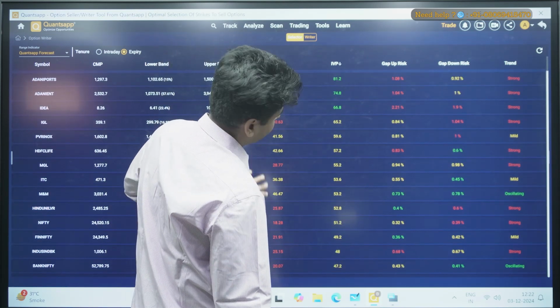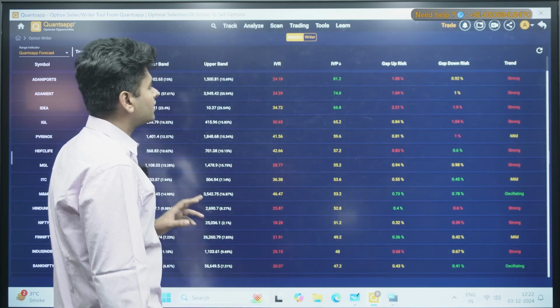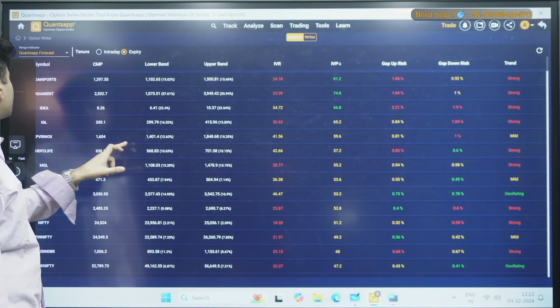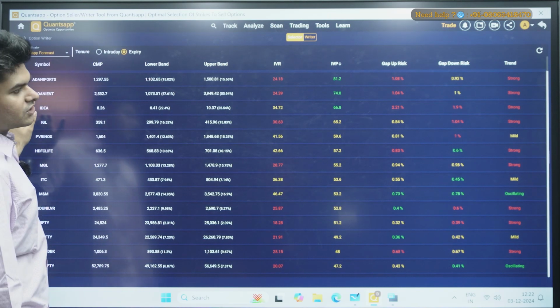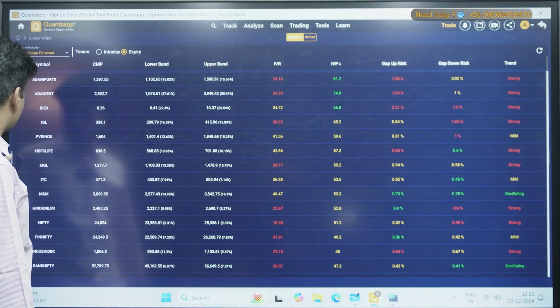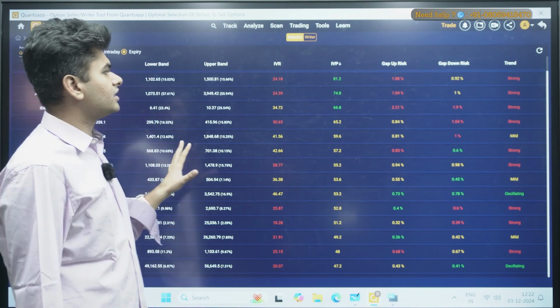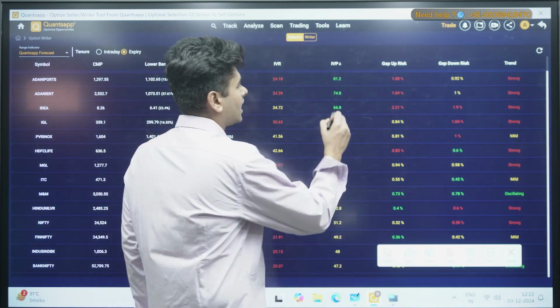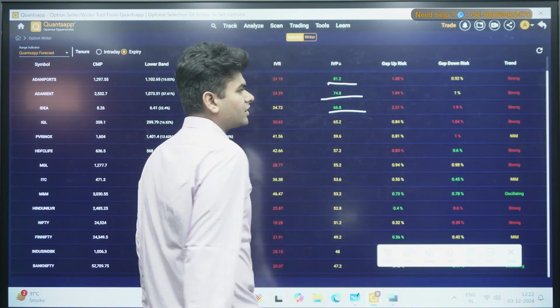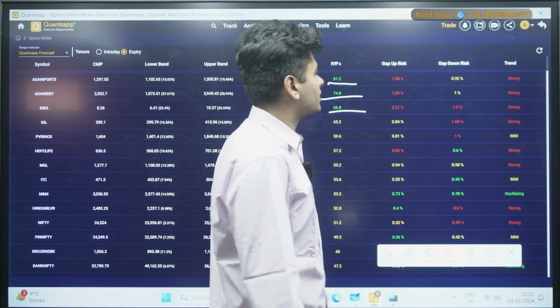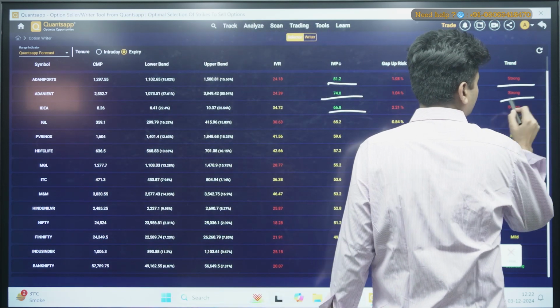Yes, so you can see Adani Ports is there, Adani Enterprise is there, Idea is there. So these are the stocks which are showing good intent for selling, because here the IVP is high. Now IVP is higher, but with that you can see the trend is also strong.